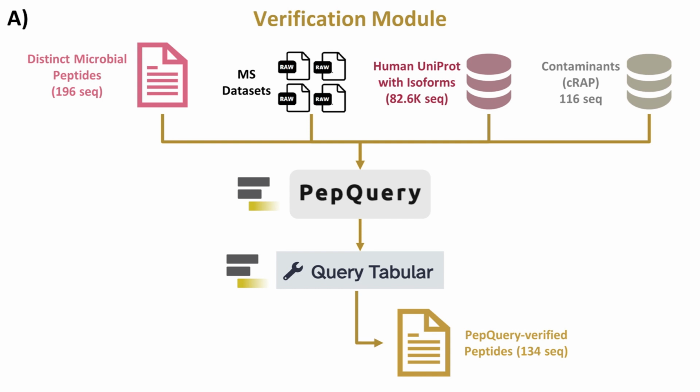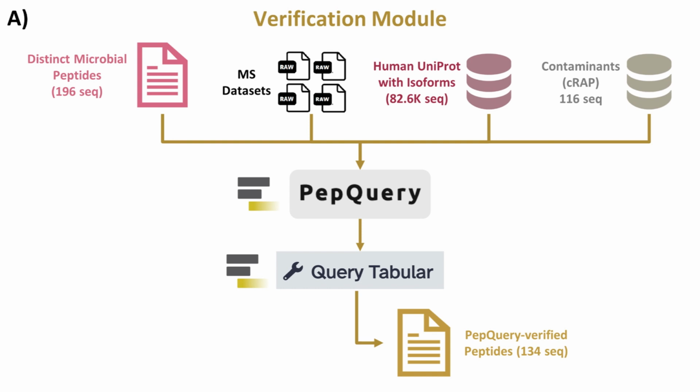First, Part A, shown on this slide, encompasses using PepQuery 2 for verification. The goal is to verify that the microbial peptides from Module 2 are indeed of microbial origin. We will search the list of 196 distinct peptides against the sample data and against human and contaminant sequences.